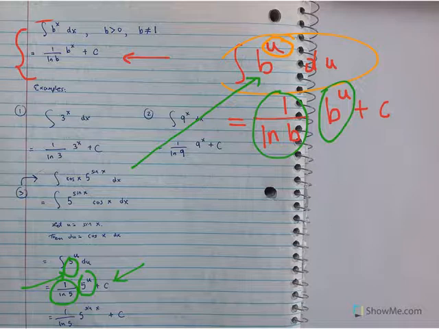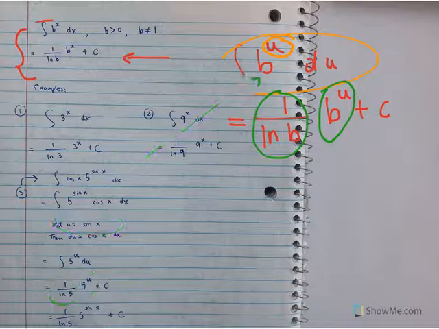And finally, we need to go back to our original variable. This antiderivative is in terms of u, so now we need to go back to x. So what do we replace u with? u is sine x. So we replace u with sine x. And when we do that, we get 1 over natural log of 5 times 5 to the sine x plus c. And that is our final answer for number 3.